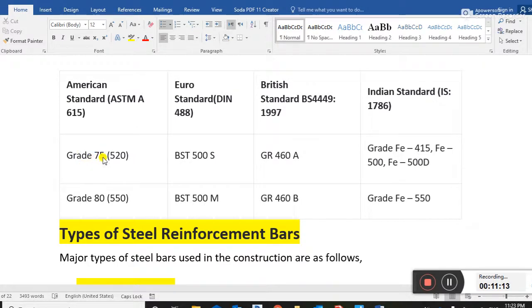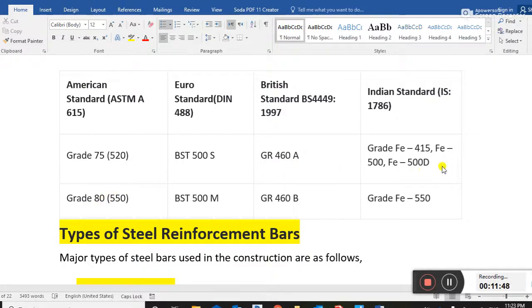Grade 75, as per grade 75, this is in inch and pound, and this is 520 according to the metric unit. Grade 75 steel is equal to 520 in American standard, and in European standard it is B500S, and in British GR 460A.